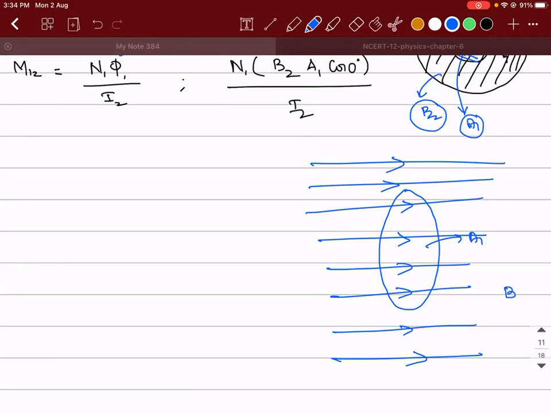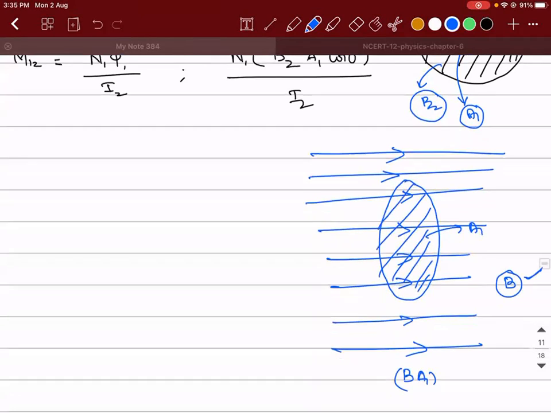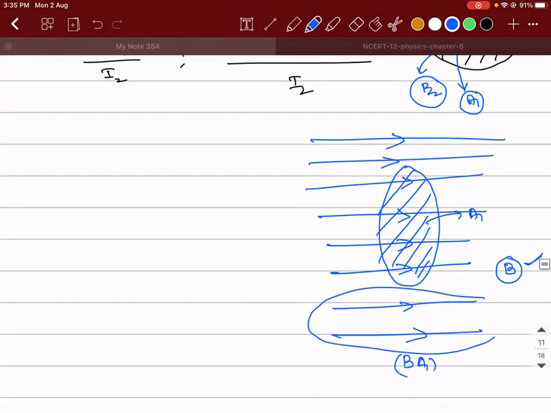Let me call this B. If I ask you what is the flux through this portion, what will you say? You will say the magnitude of the field present here into A1. Why? Because the magnitude of the field present is constant. It is B. Correct? Yes. Then why are you not concerned about these field lines outside?